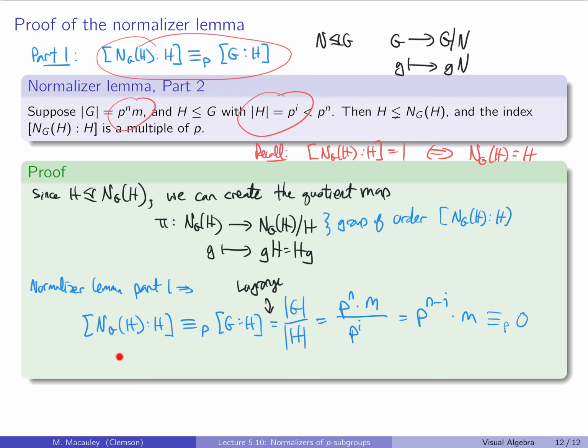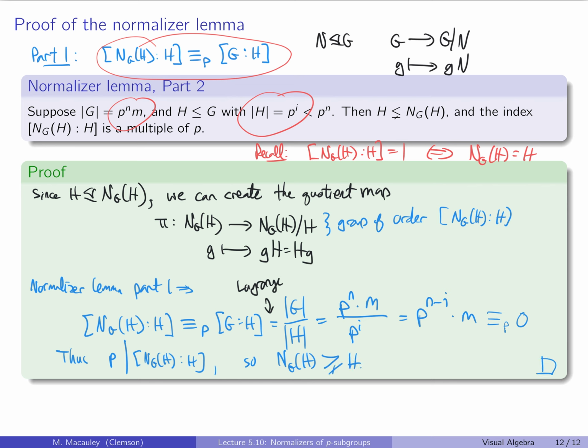So once we know that this is 0 mod p, there's no way it can be 1 because 1 mod p is not 0 mod p. And it also can't be 0 because this has to contain this. So thus p divides the index, and that's what we want to show. And it follows right away that there's no way that these things can be equal. So the normalizer must be strictly larger than H.